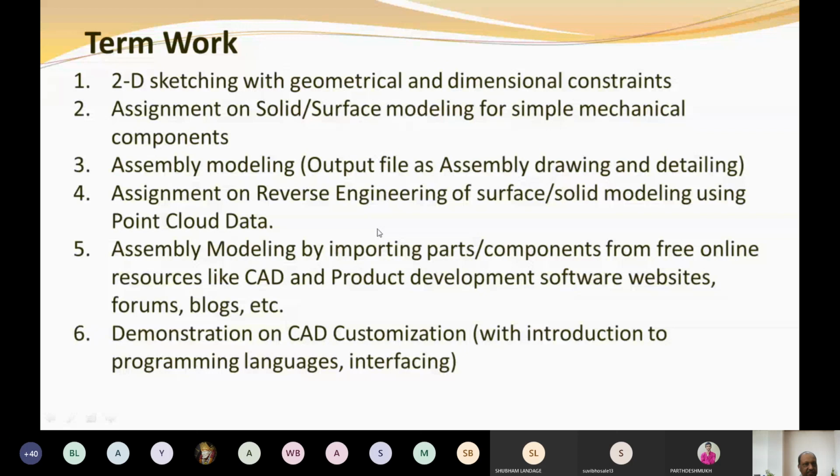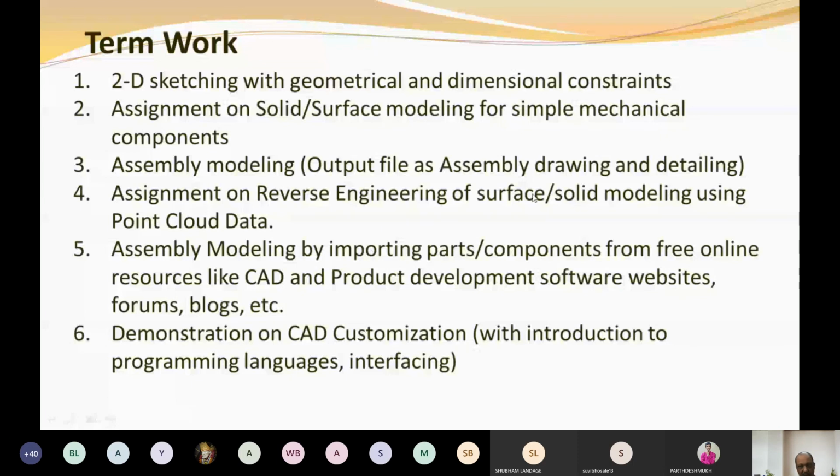Assignment on solid surface modeling for a simple mechanical component, that means we have to develop some component, then we will go for the assembly of that component. Assignment on reverse engineering.